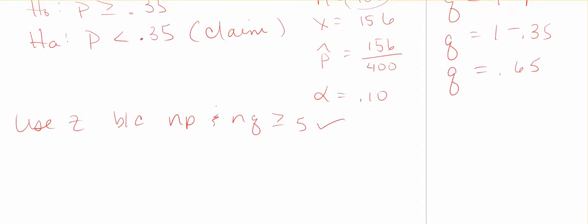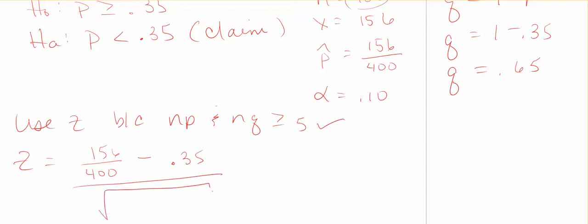Now we're going to find z. We find z by taking p-hat, which I would not round, but if you are going to round, don't round smaller than 4 decimal places. But we need p-hat minus p, and then divide by, we're going to have a giant square root here, 0.35 times 0.65 divided by 400.